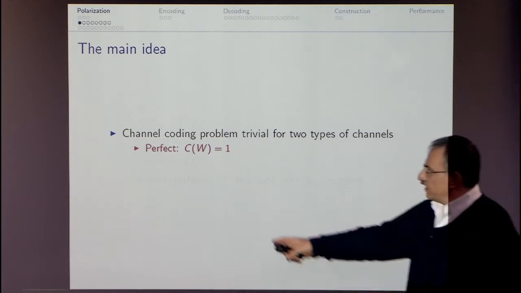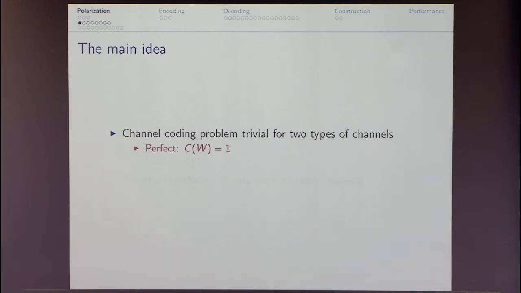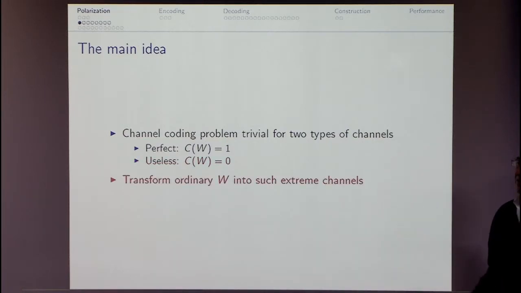The capacity is exactly equal to 1, a noise-free binary input channel, you may say. Then you can just send the bits as they are. No need for coding. And then there are the useless channels. The channel capacity is equal to 0. So regardless of what you do, you cannot send any information anyway.